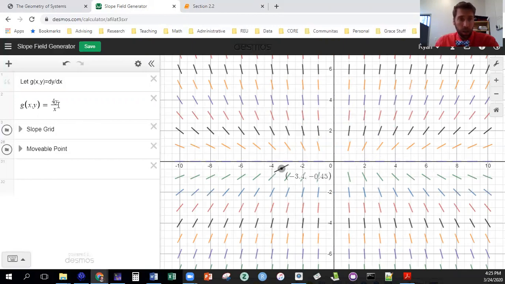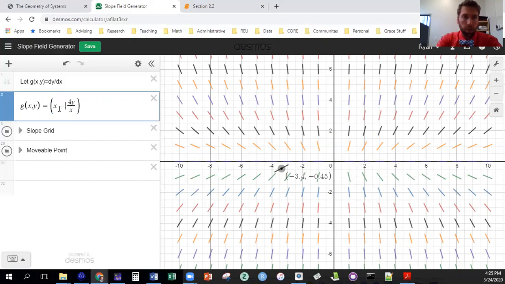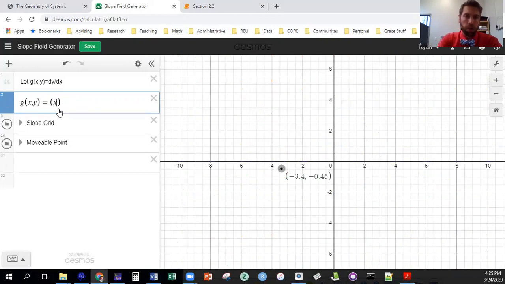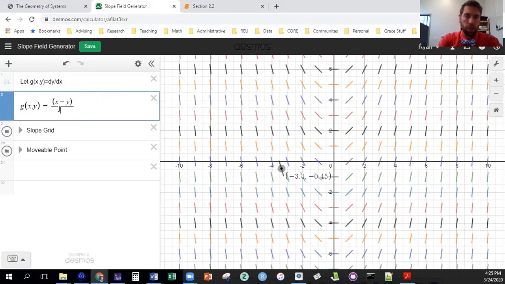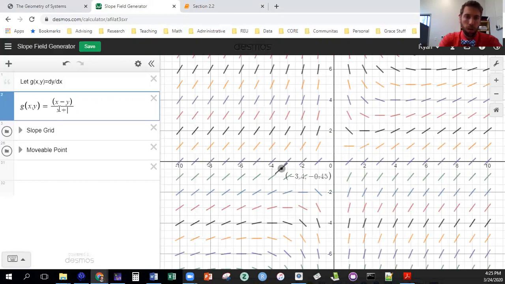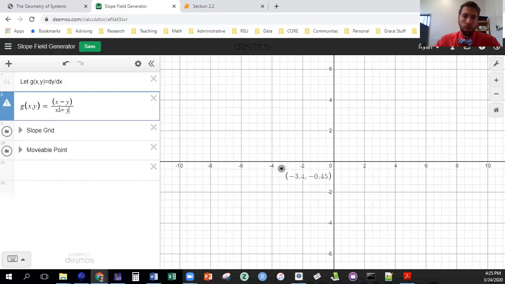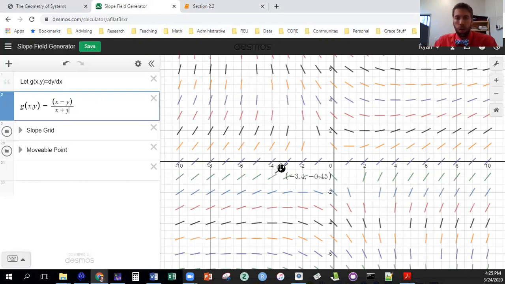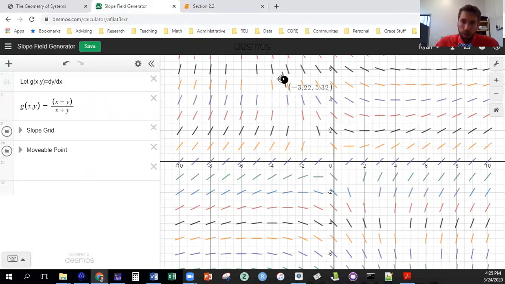And then for part D, you would do x minus y divided by x plus y. So we get that cool thing there.